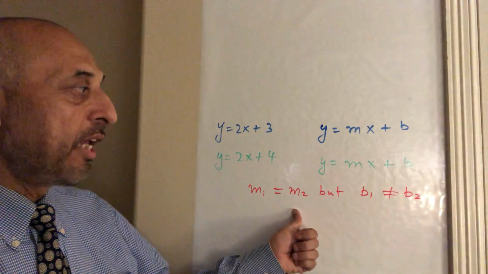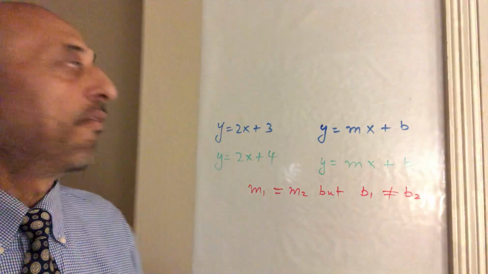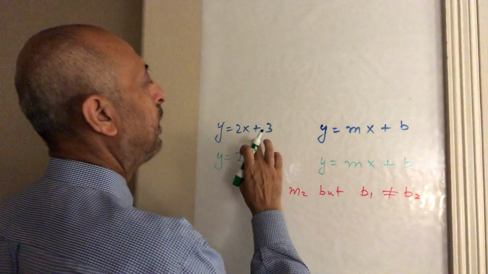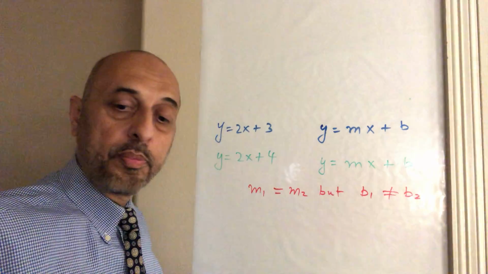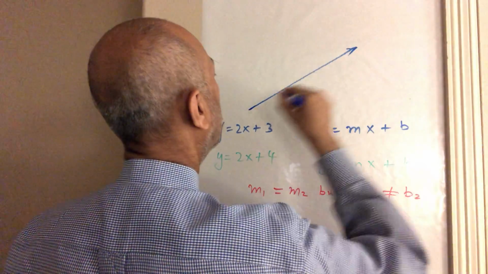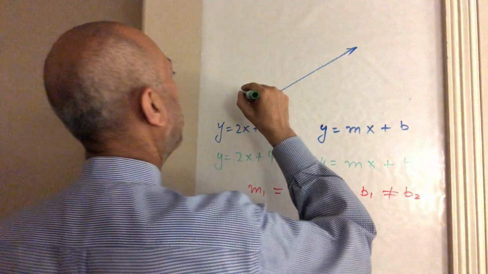When the slopes are the same and the y-intercepts are different, that means I have two lines that are parallel. So the first line, y equals 2x plus 3, could be drawn and the second one can be drawn.